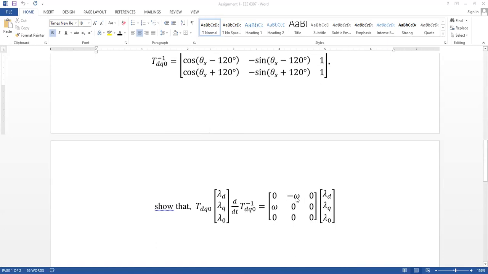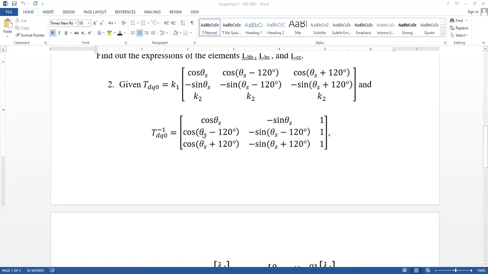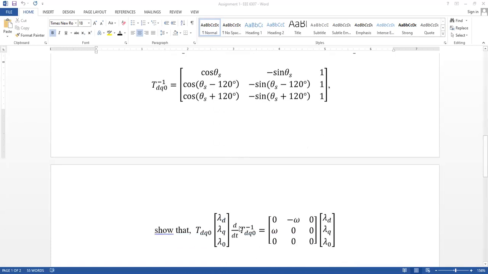Omega here is simply d theta over dt. That means you see the theta s here. Wherever you get d theta s over dt, because you have to do some differentiation with respect to time, you simply write it as omega.